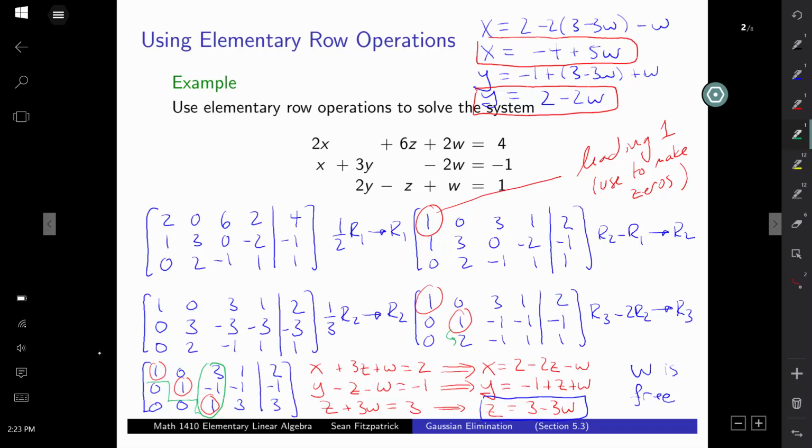In the second column, we've got a leading one and everything else is 0. But in the third column, I've got a 3, I've got a -1. Those are non-zero, and because they are non-zero, I had to do this extra work up here, where x depended on z and w, y depended on z and w, and I want them to depend on w only. I had to do this extra step of substituting things in and simplifying.